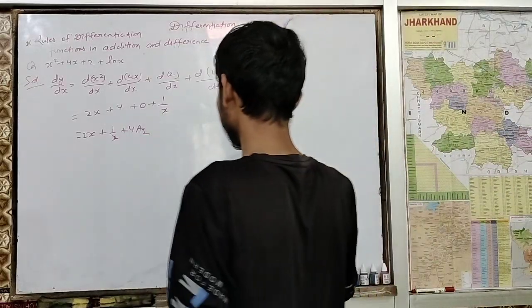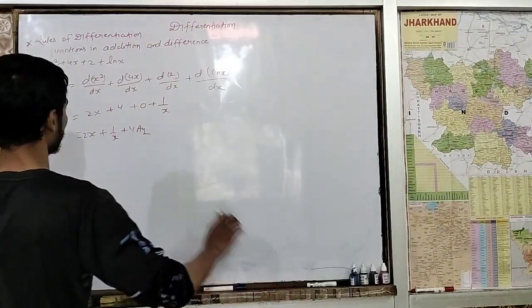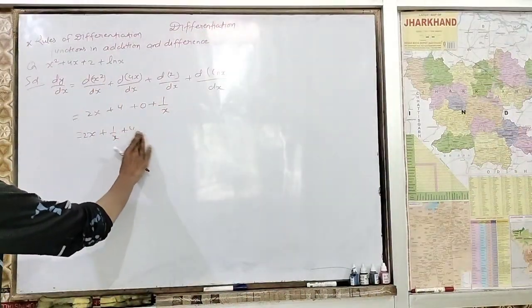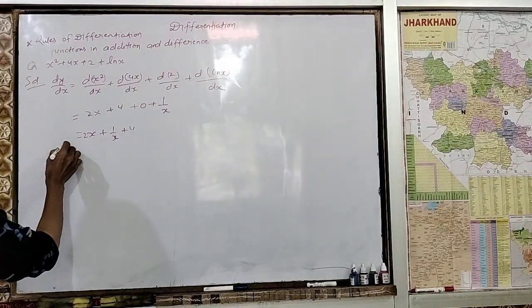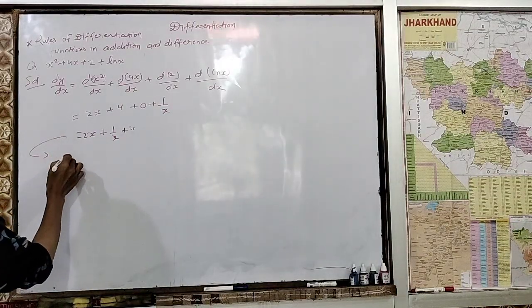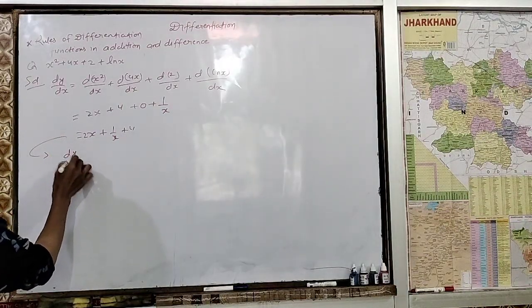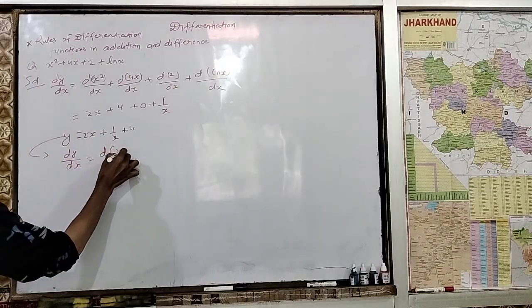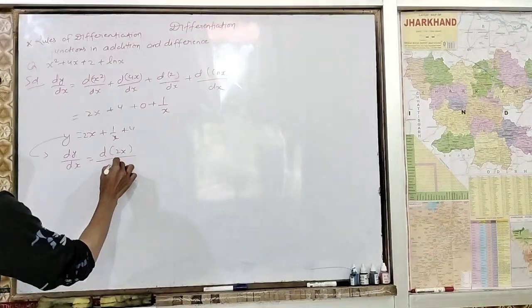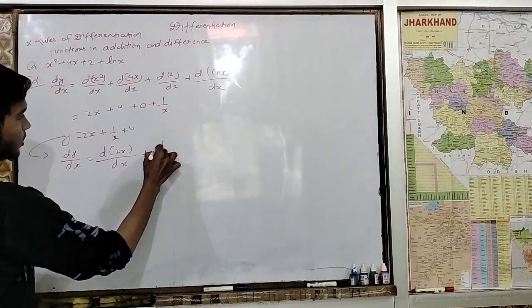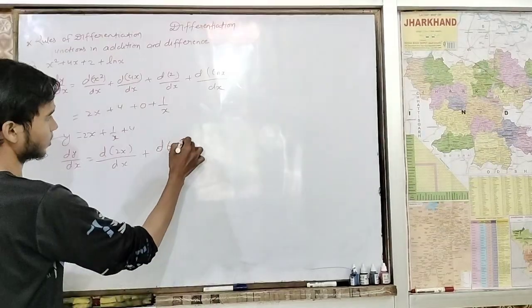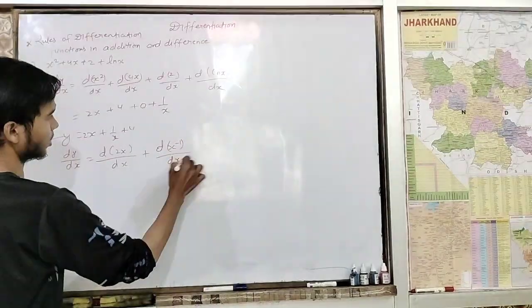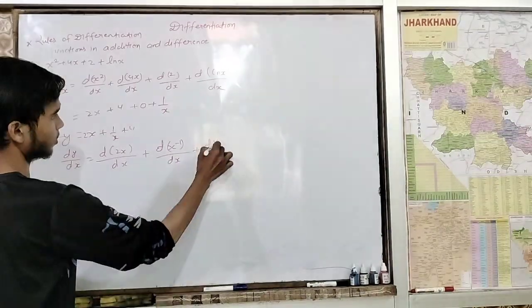Clear? Next question. It can also be differentiated. Two x upon x, then differentiation of x raised to power minus 1, then differentiation of 4.